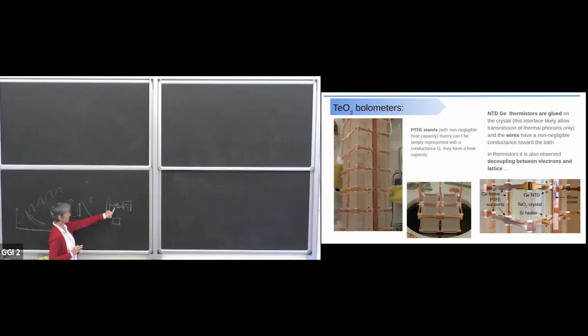And Teflon is what I have here as this thermal conductance. Indeed, I should represent this with a thermal conductance between the copper and the Teflon, which has its own heat capacity, and then the thermal conductance between the Teflon and my crystal.